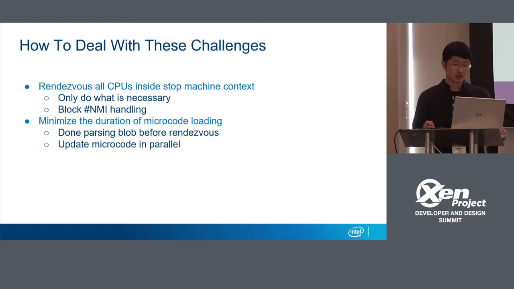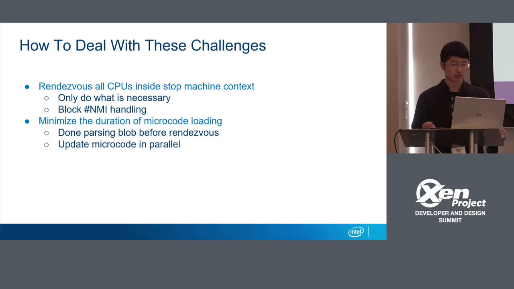We also block NMI handling to avoid CPUs getting out of control. As for machine check, at that stage only a critical machine check would happen. In that case, the system would reboot anyway, so we can't do anything about it.